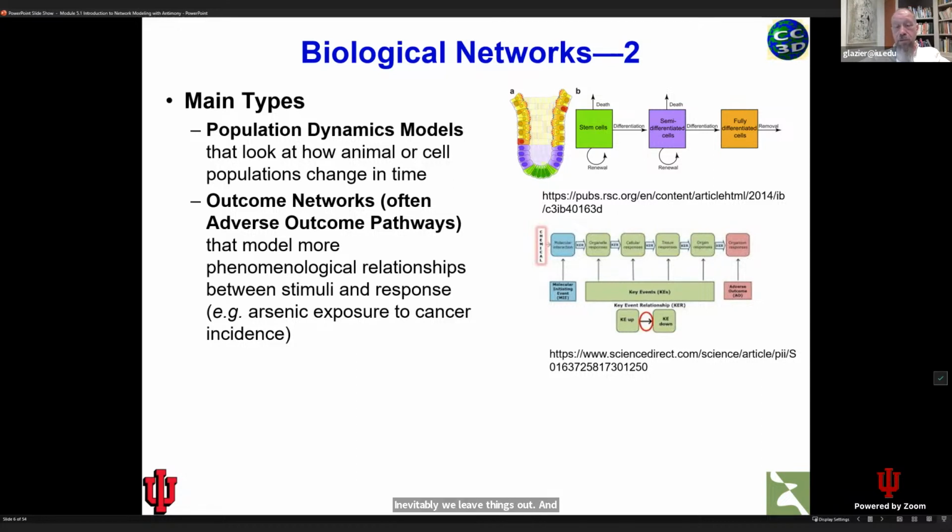Inevitably, we leave things out. And so outcome pathways are an attempt to formalize the steps in these kinds of sequential processes to be able to quantify them. And we definitely will use those, even without thinking about it perhaps, in the models that we build here. In fact, one of the biggest problems that we have, and I mentioned this last week also, is that the wealth of molecular data that modern omics gives us is not easy to connect with the outcomes that we care about.